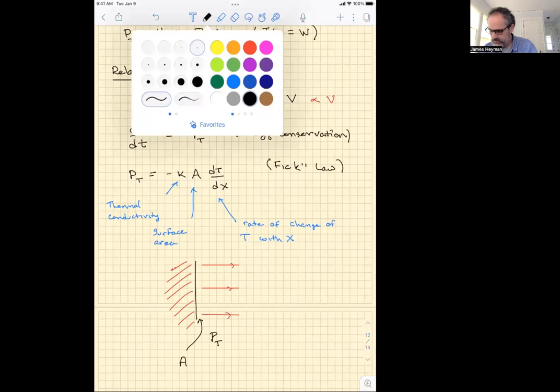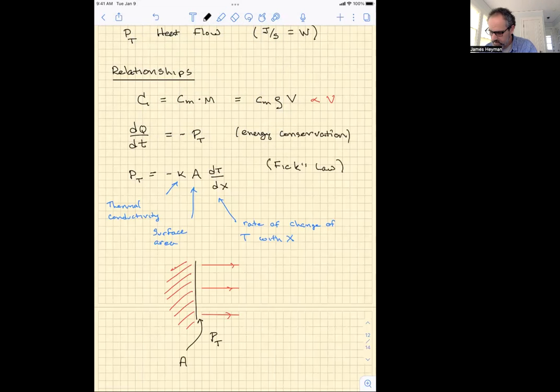And then the thermal gradient is just the temperature difference between two points that are close together. So if these have temperatures T1 and T2 and positions x1 and x2, then dT/dx is just equal to the ratio of T2 minus T1, the change in temperature, divided by x2 minus x1, the change in position.